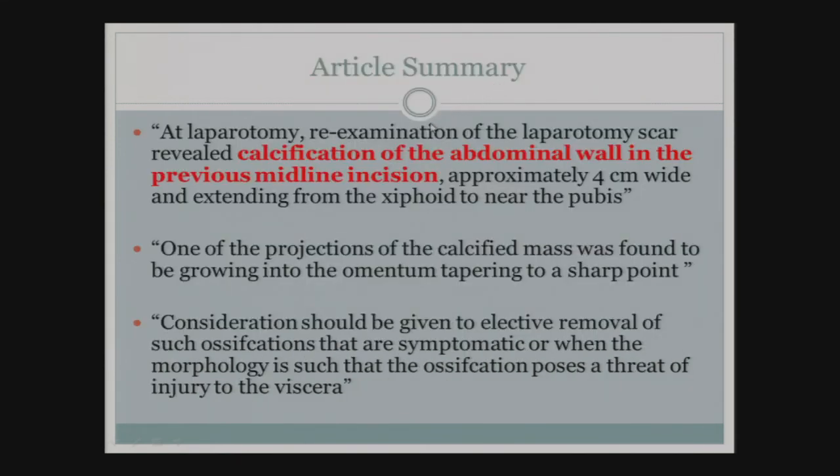They go on to say that under their laparotomy, re-examination of their previous laparotomy scar revealed calcification of the abdominal wall, excuse me, of the previous midline incision, approximately 4 centimeters wide, extending from the xiphoid down near to the pubis. One of these projections, as we saw on the previous slide, was found to be growing into the omentum and tapered into a sharp point, which led to the bowel penetration upon his fall.